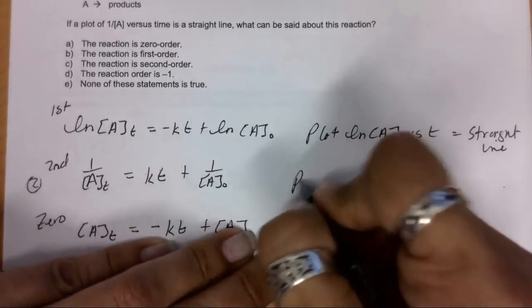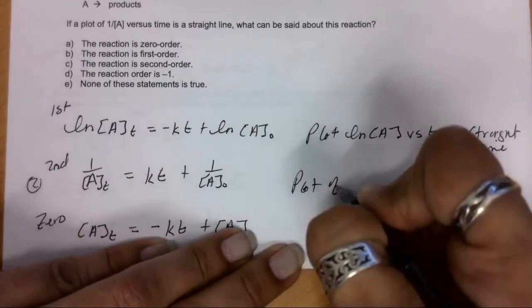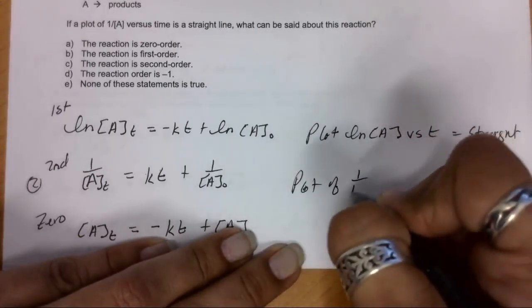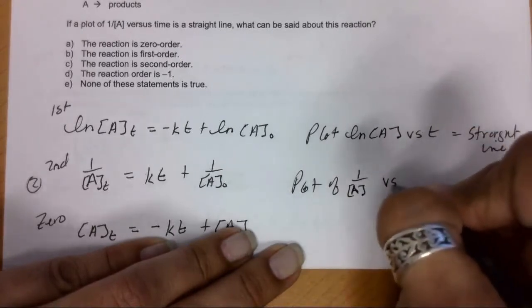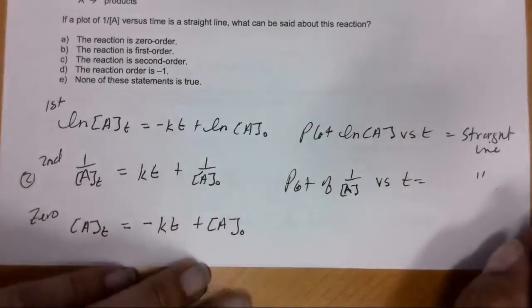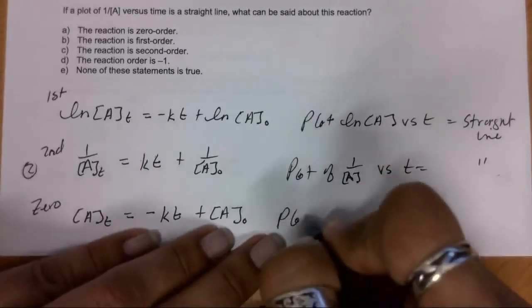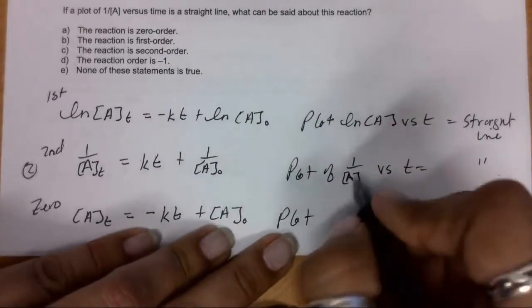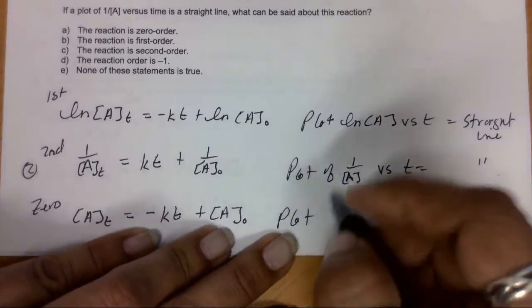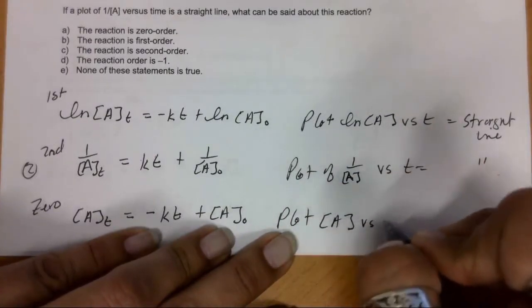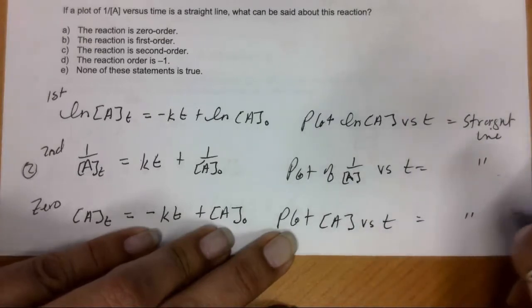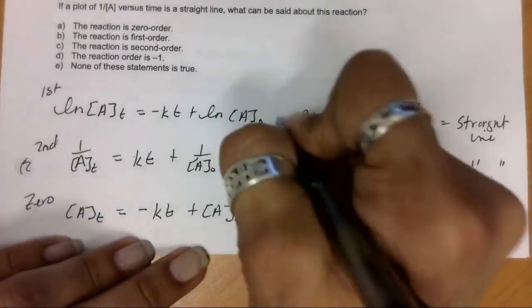If we plot 1 over the concentration of A versus time, we're going to get a straight line for second order. And if we plot for zero order the concentration of A versus time, I'm going to get my straight line.